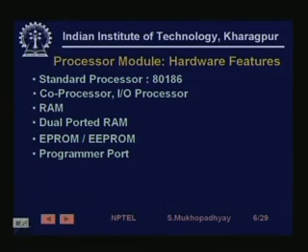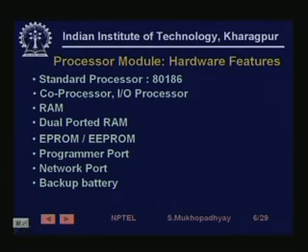These are typically read only memories and they are used for storing the PLC programs. You have programmer ports which are used for downloading programs. You have network ports. You have a backup battery. This is very important because if by any chance you have a power failure, number one, you do not want your process state to be lost, number two, you do not want to lose your parameters.